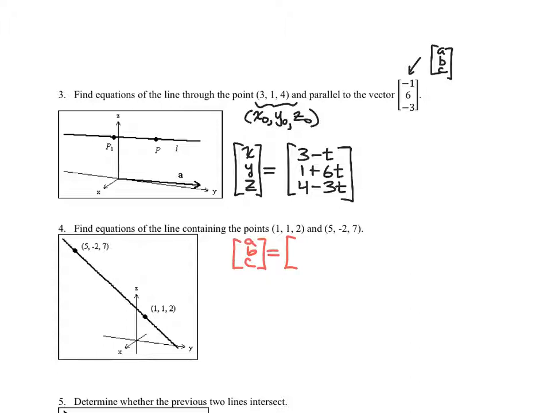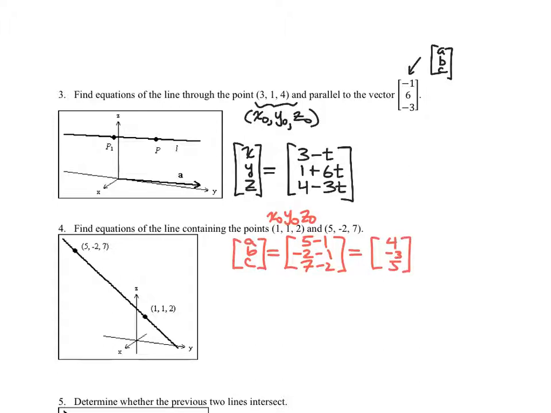If you're consistent with it, then you're always going to essentially make the first coordinate your x sub o, y sub o, z sub o, because I'm going to do 5 minus 1, negative 2 minus 1, and 7 minus 2. So I'll have my parallel vector at 4, negative 3, 5.